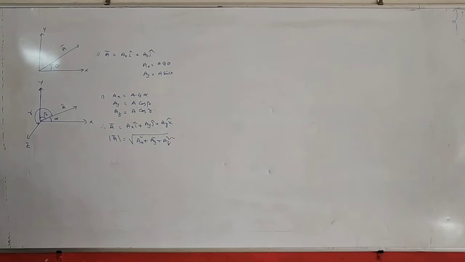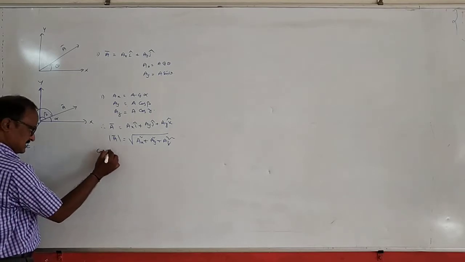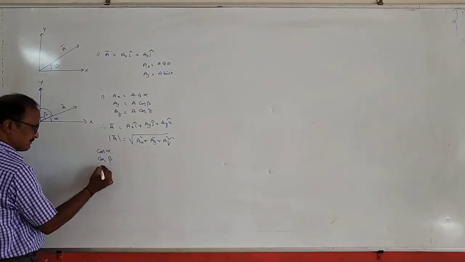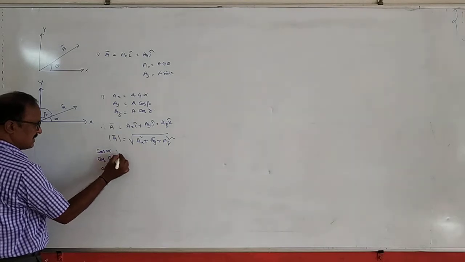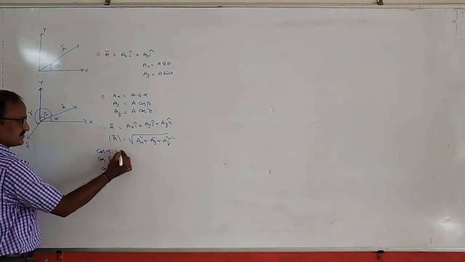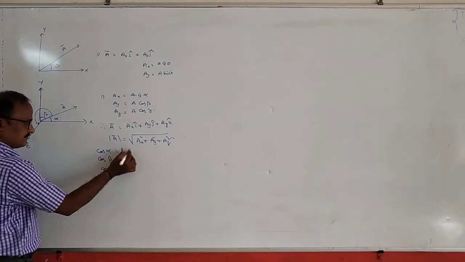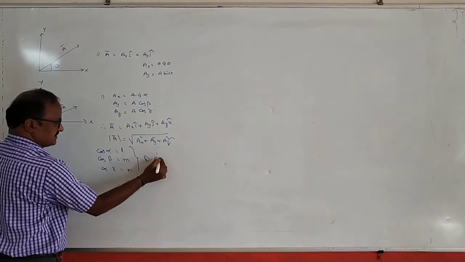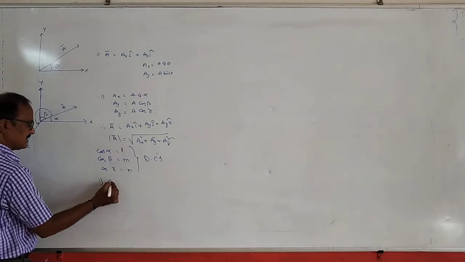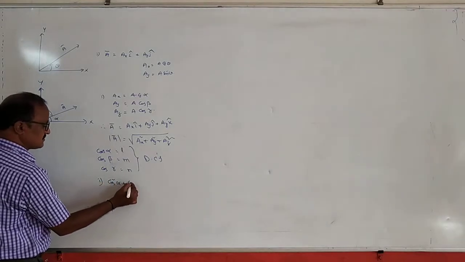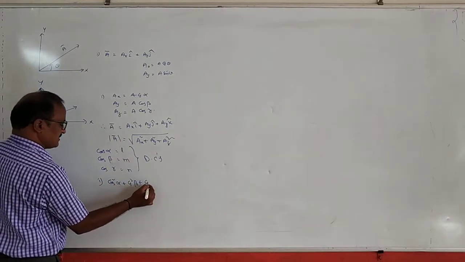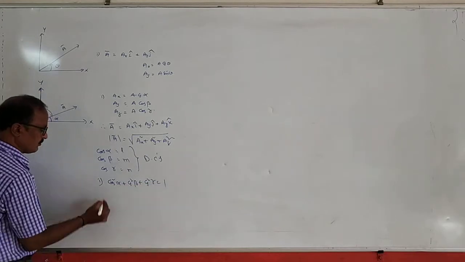Now here, cos alpha, cos beta, cos gamma are the direction cosines represented by l, m, n. Then cos square alpha plus cos square beta plus cos square gamma is equal to 1.